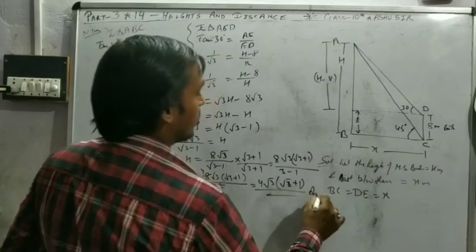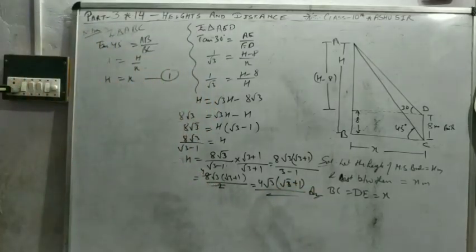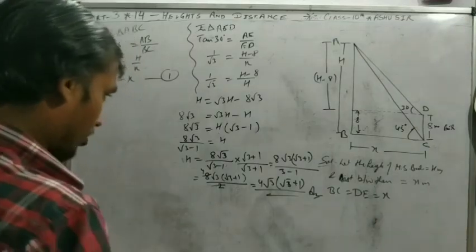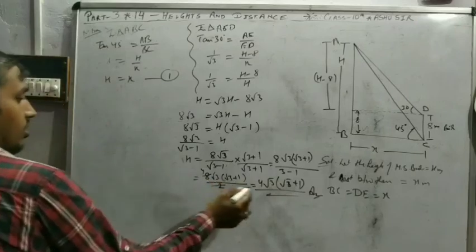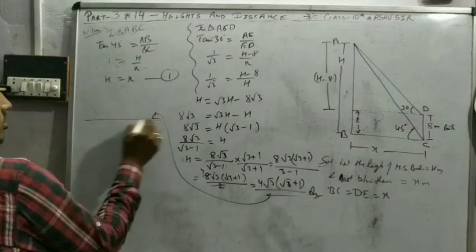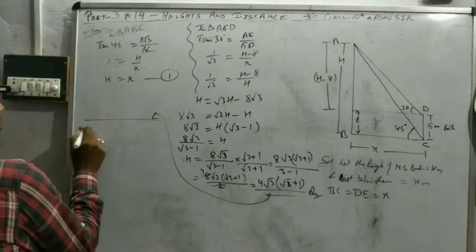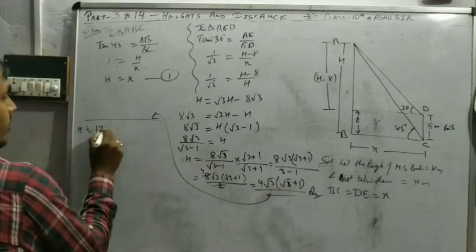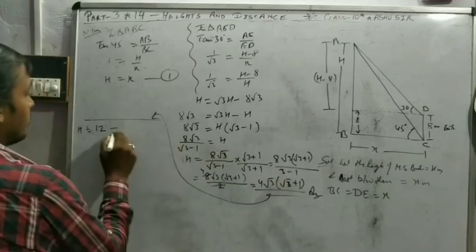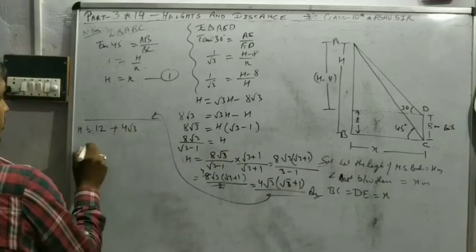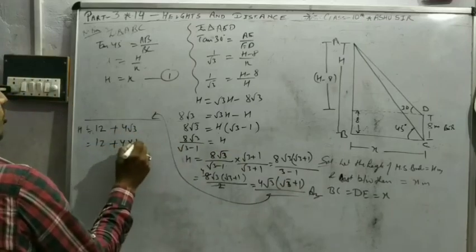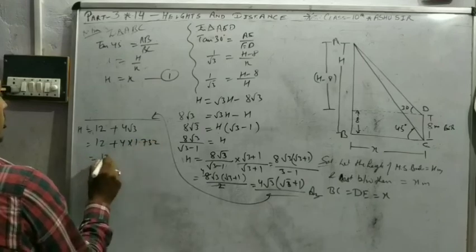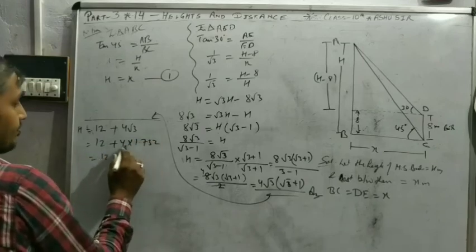That's your answer. But if you want to solve it more, you can multiply it. Then you get h equal to 4 root 3 into 3, 12, plus 4 root 3 into 1, 4 root 3, that is 12 plus 4 into 1.732.